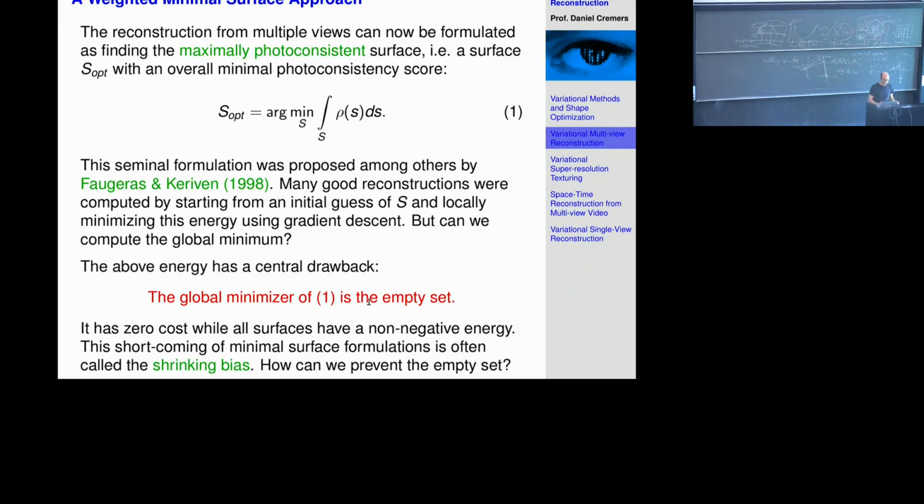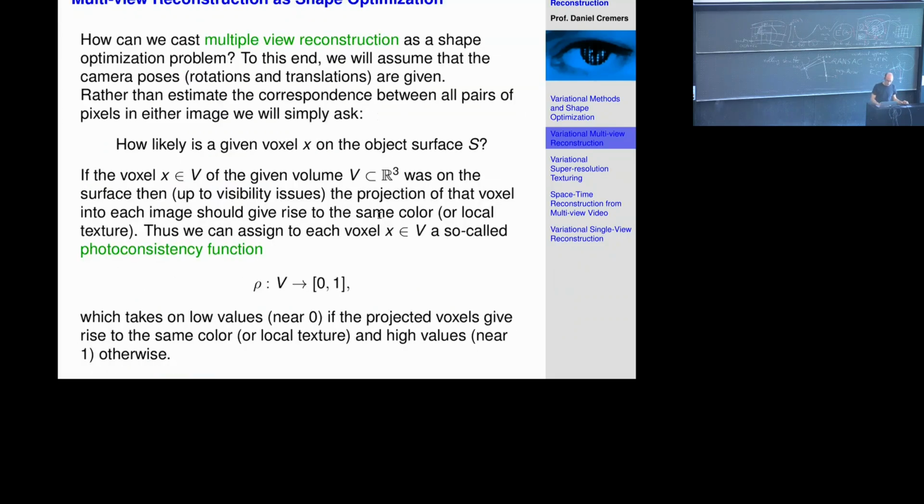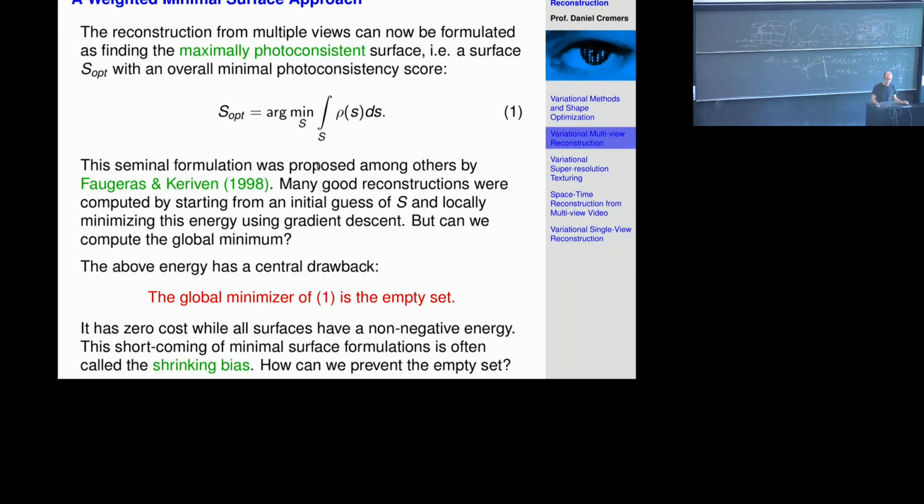More specifically, one can show that the global minimizer of this loss function is actually the empty set. And that's because the function rho, you saw it here, is always non-negative. So at best you will have 0, right? If you shrink a surface to nothing, then you have 0 cost, because you're summing up the rho values along all points of the surface.